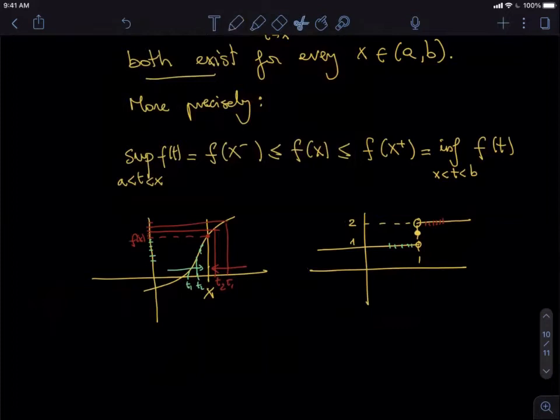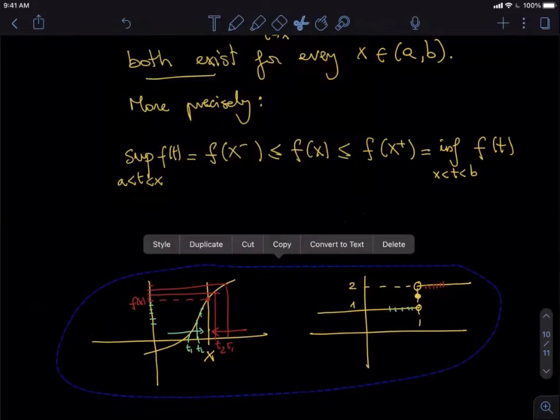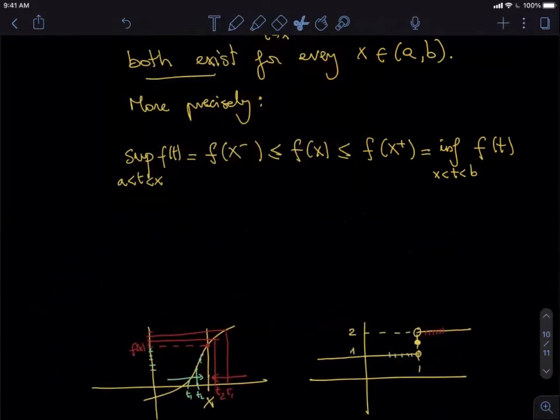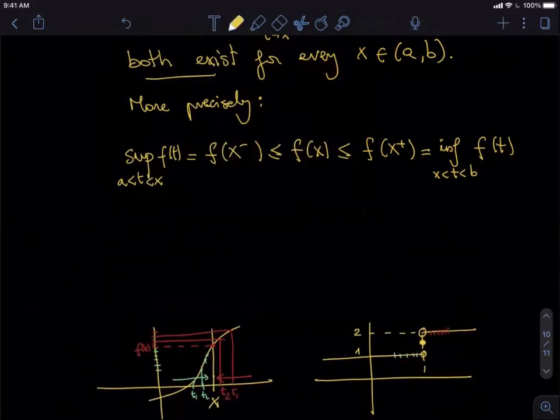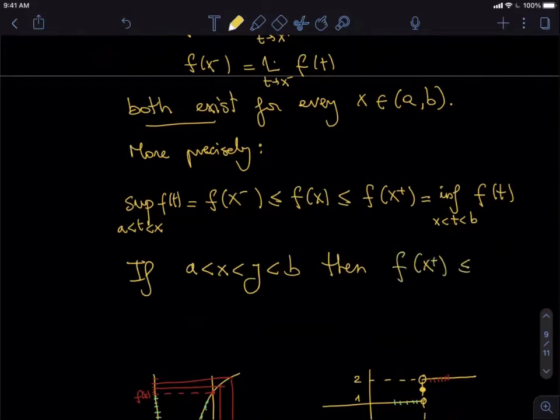There's one more thing that I want to add to this theorem. So if we have some x less than y, then f of x plus is less or equal than f of y minus.